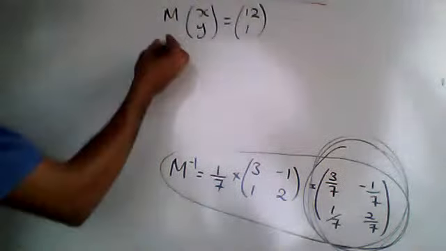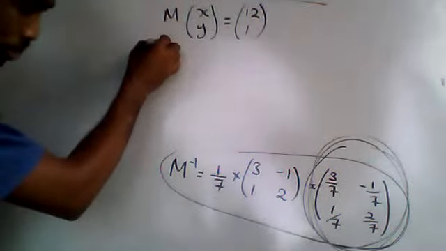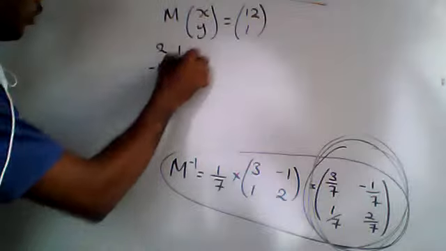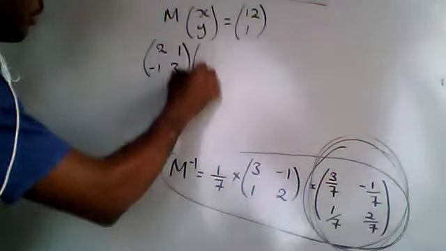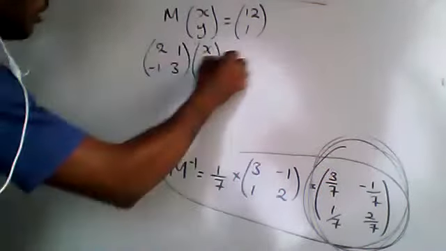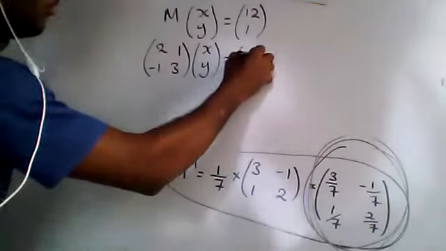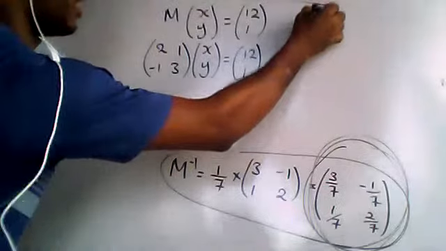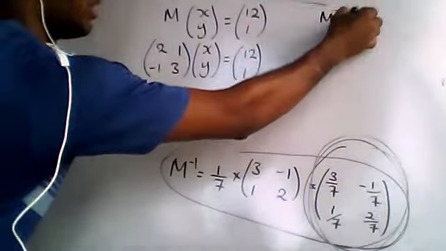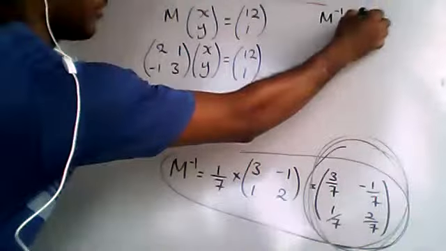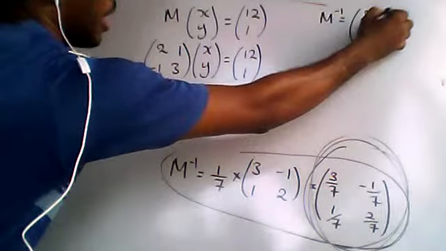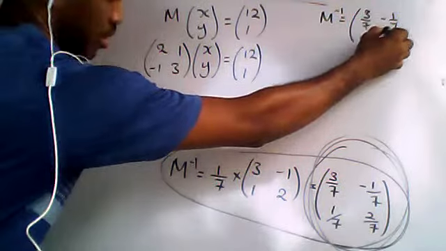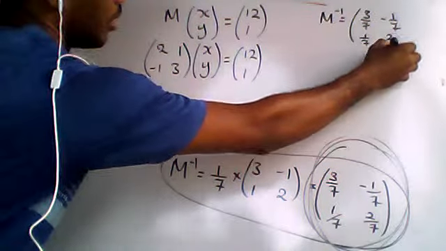So remember, the 2 by 2 matrix that was represented by m was 2, 1, minus 1, and 3. I'm going to write a bit smaller so that everything can actually fit, equal to 12 and 1. Now, as I said, m inverse, we calculated it just now. It's equal to 3/7, minus 1/7, 1/7, and 2/7.